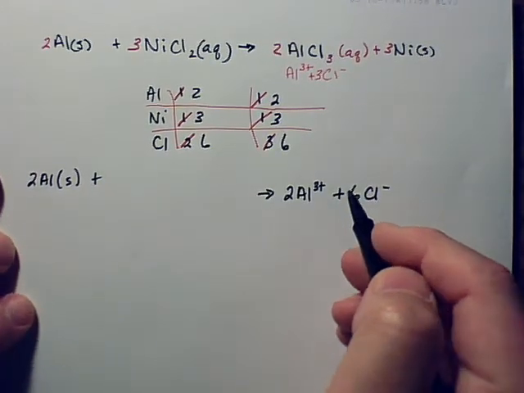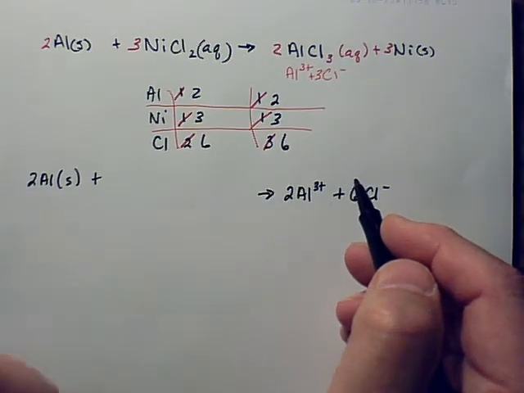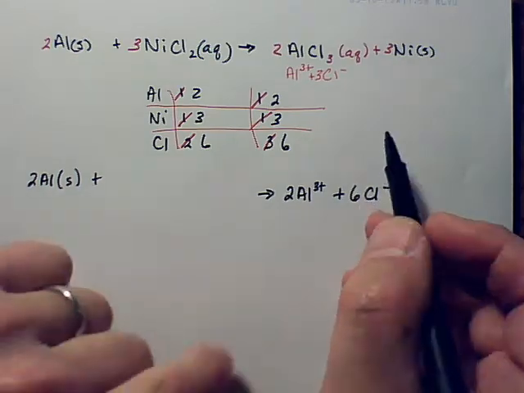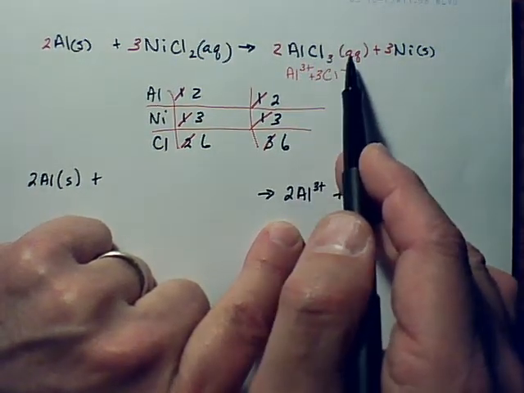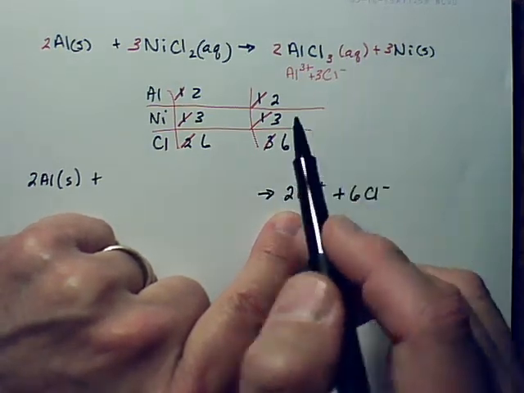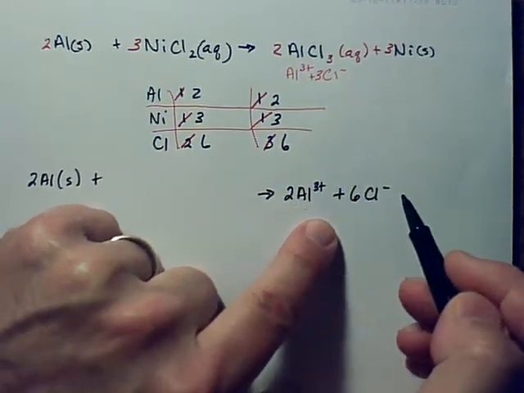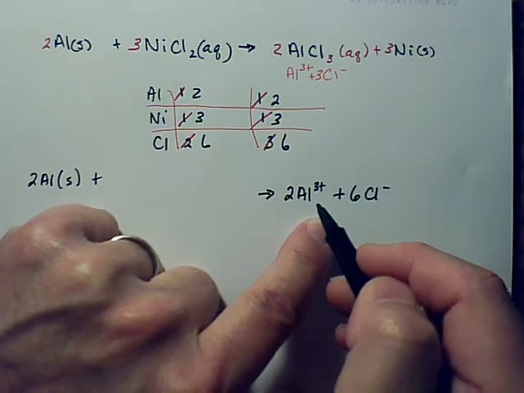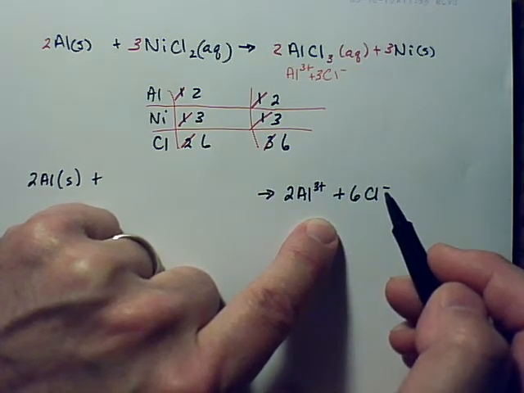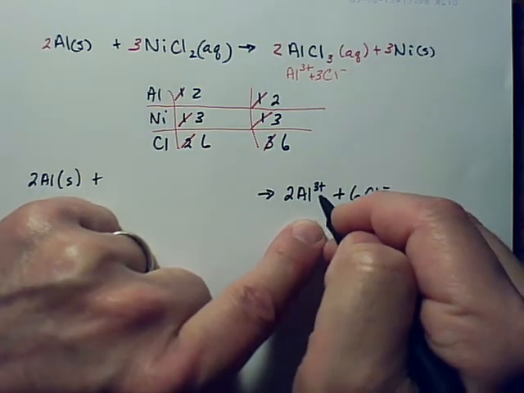The physical state of the ions is the same as the physical state of the compound in the problem. So if the compound is aqueous, these are going to be aqueous. In fact, since the only thing you break up are aqueous salts, anytime you have ions, they're always going to be aqueous.